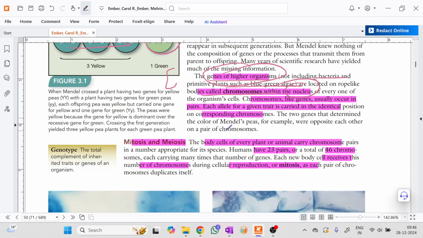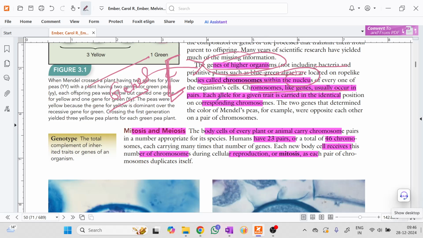So the cell, which is the primary unit, possesses the nucleus, DNA, and then chromosomes. And the traits or the genes which we are talking about here, in higher organisms, including humans, are located on chromosomes. So chromosomes usually occur in pairs.